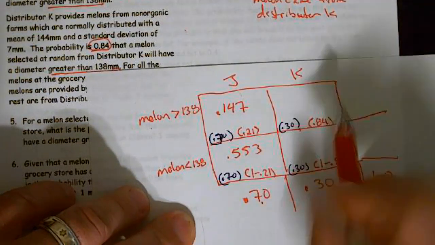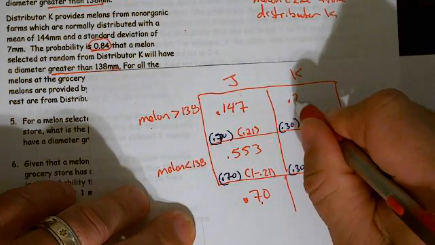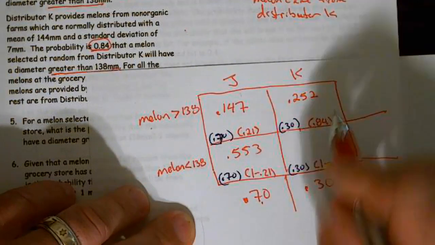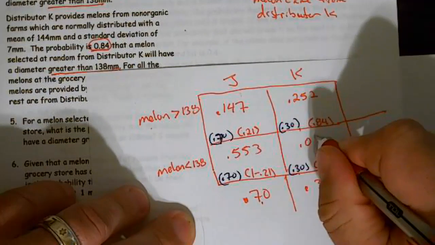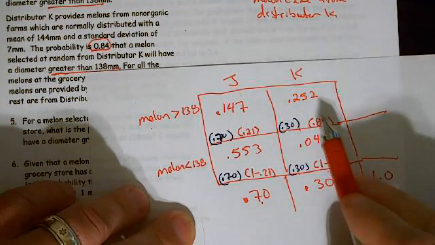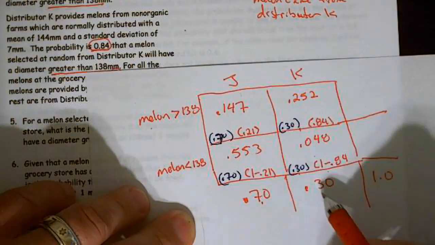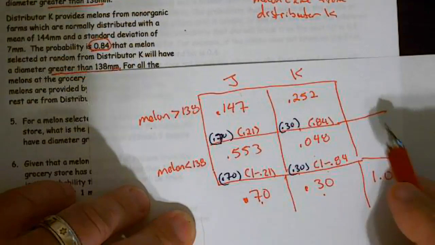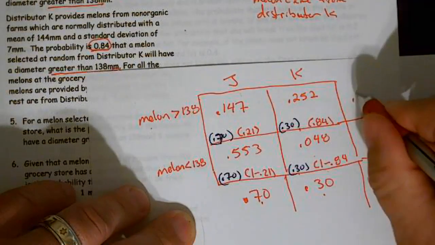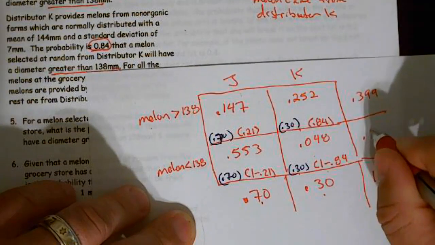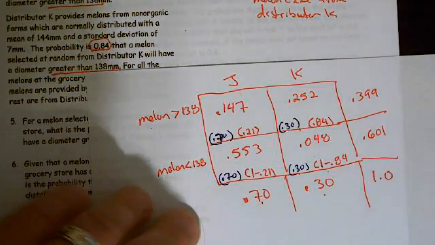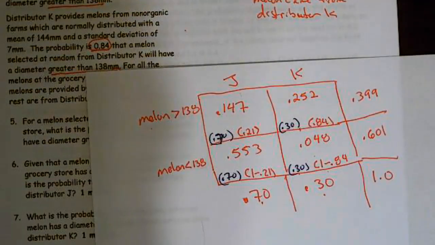This times this gives me 0.252, and this times this gives me 0.048. This value plus this value equals this one. And then we sum across, and I end up getting 0.399 and 0.601. So those should be my values.